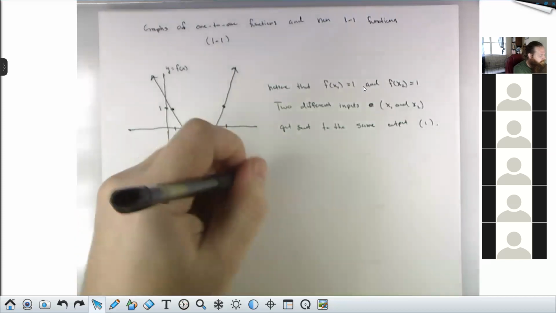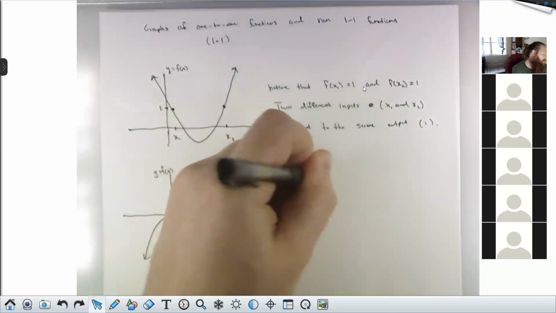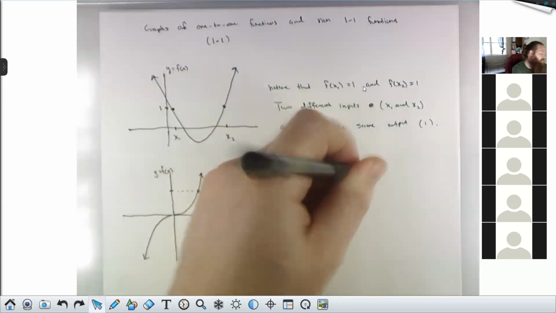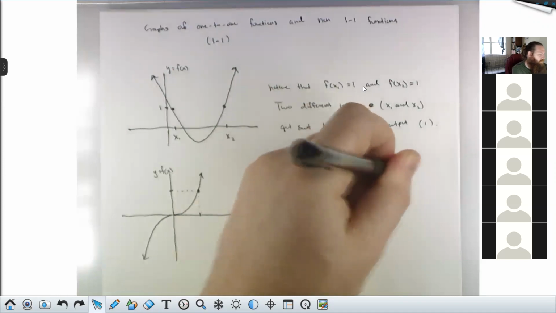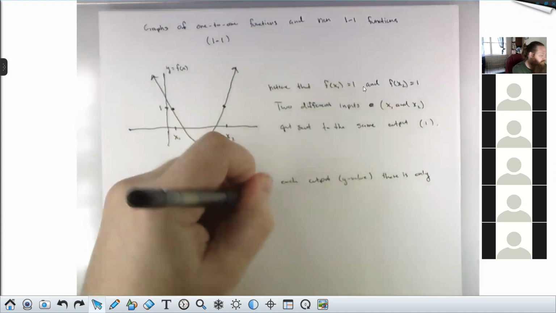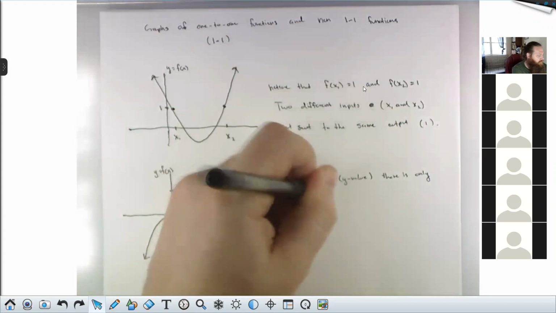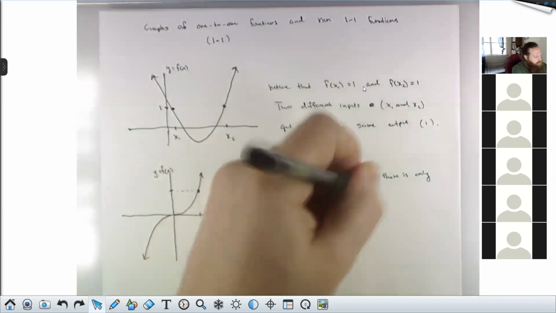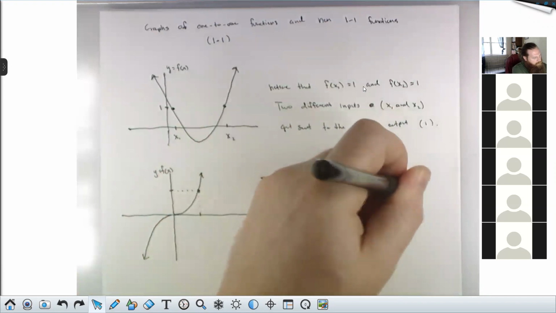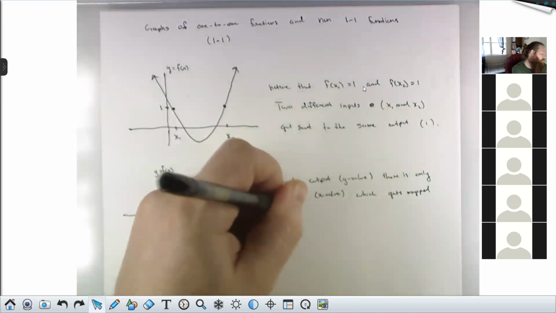So here, for each output, y value, there is at most one, but I'll just say only one input, x value, which gets mapped to that output.